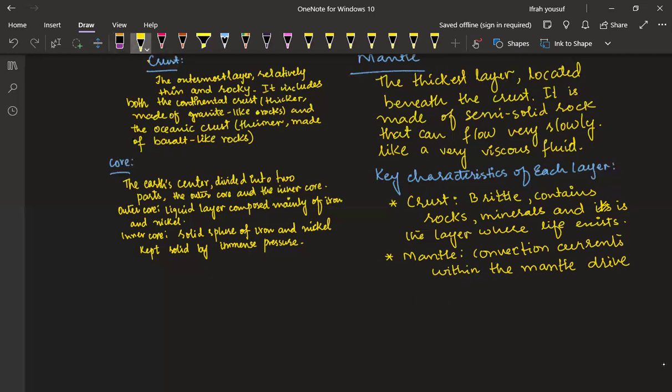Okay, drive the tectonic plates, right? Which leads to earthquakes and volcanic activities.